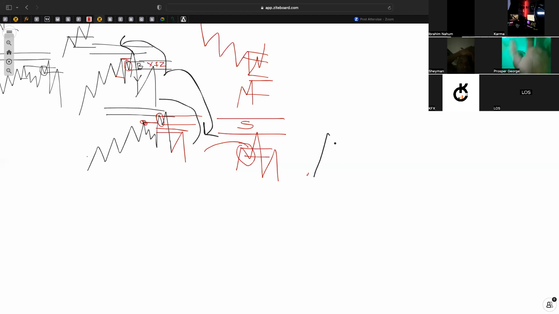Let's say we have high, low, high, low, high, low, high. Then the market wants to break structure. Listen attentively, guys. There are two types of break of structure that you would have.